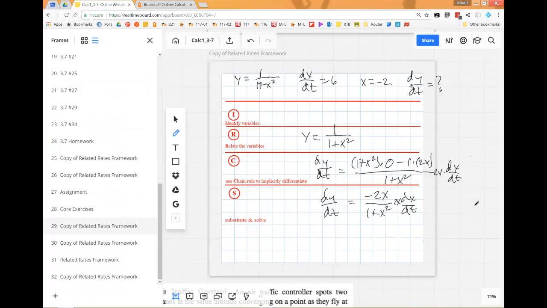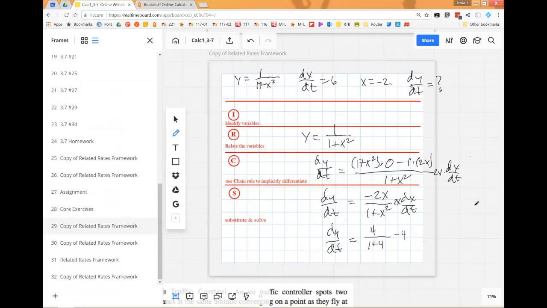Okay. So now let's substitute what we know. We don't know dy/dt. We know that x is -2, so that would be a 4 on top. -2 times -2 is 4. And on the bottom, we have 1 plus (-2) squared. 2 times x is -4.